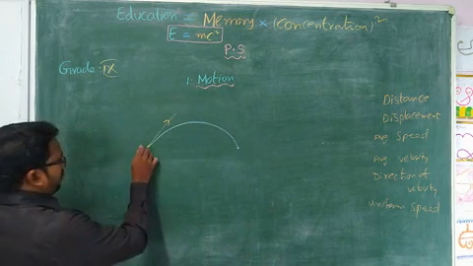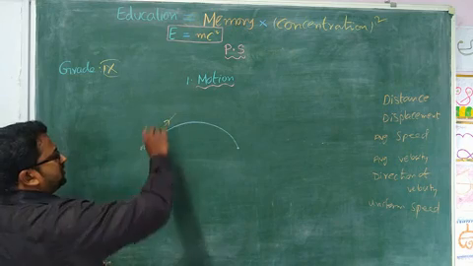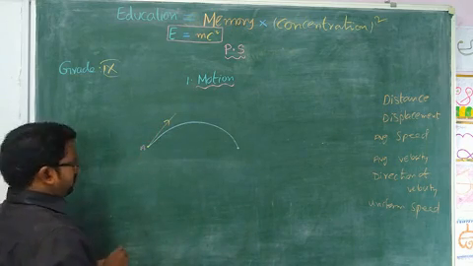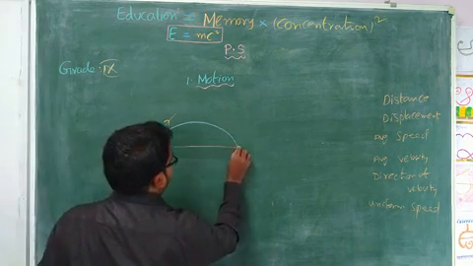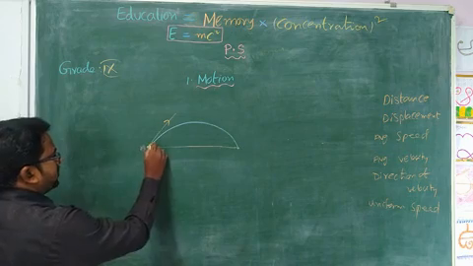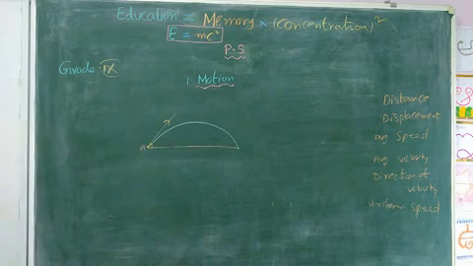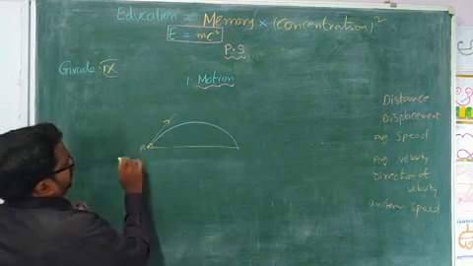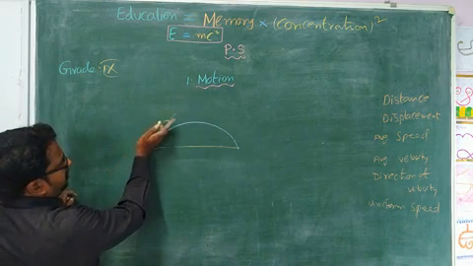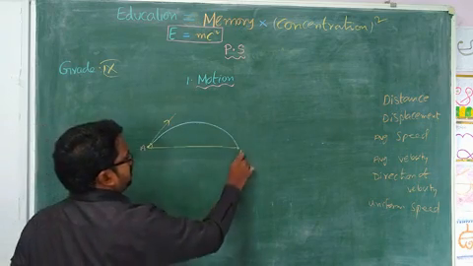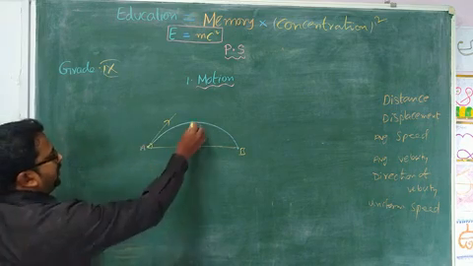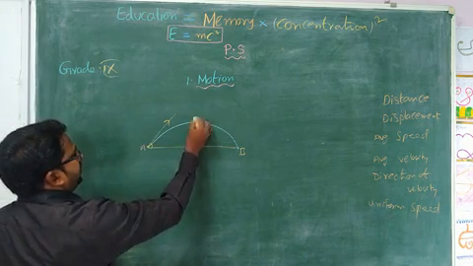So from point A, you projected the object with some elevation with respect to the horizontal. It's making some angle. After some time, the body is moving in a curved path that reaches another point B. Let us consider one more point here as S.